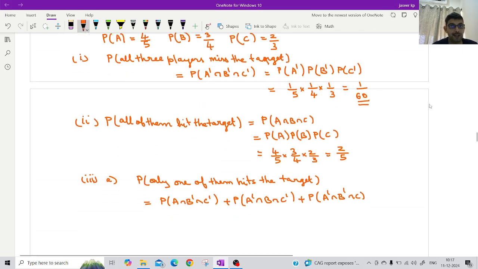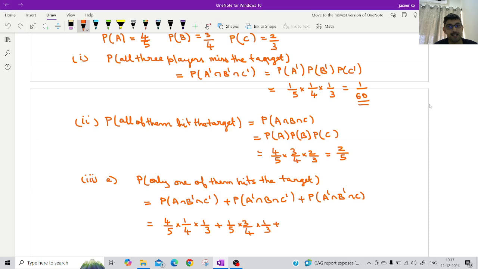Now if you substitute the values, so this will become 4 by 5, B dash and C dash, so that is B dash is 1 by 4 into 1 by 3, plus A dash is 1 by 5, B is 3 by 4 into C dash is 1 by 3, then P of A dash is 1 by 5, B dash is 1 by 4 into C, it is 2 by 3.